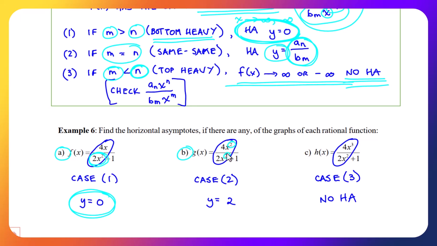If they're the same, then in a way they undo each other, and it's just 4 over 2 is the y value, and the horizontal asymptote is the ratio of the coefficients, 4 over 2. That's only if the exponents are the same, the degrees are the same. In example C, the top is bigger than the bottom, so we do not have a horizontal asymptote. That's all it is.